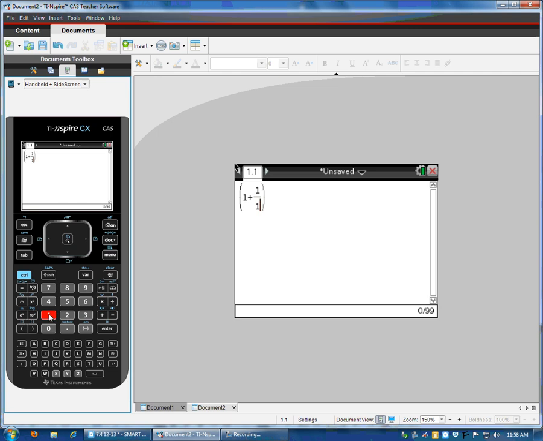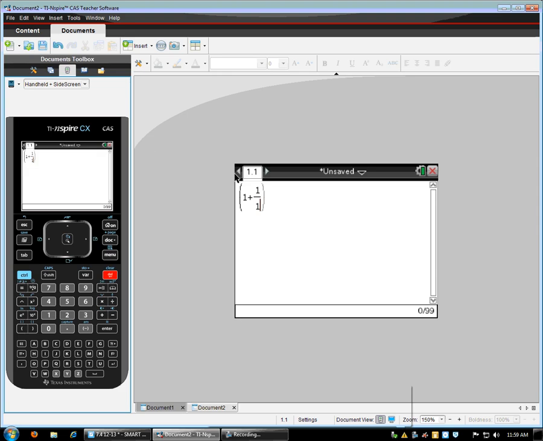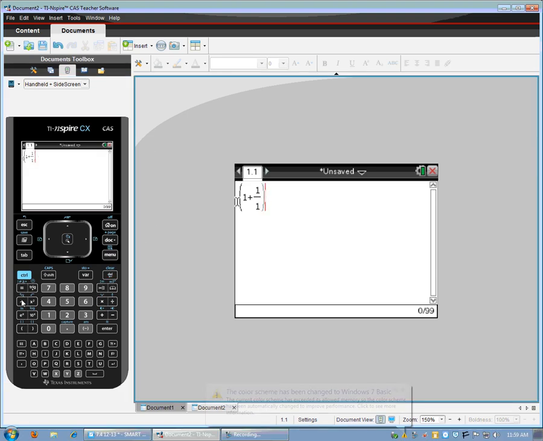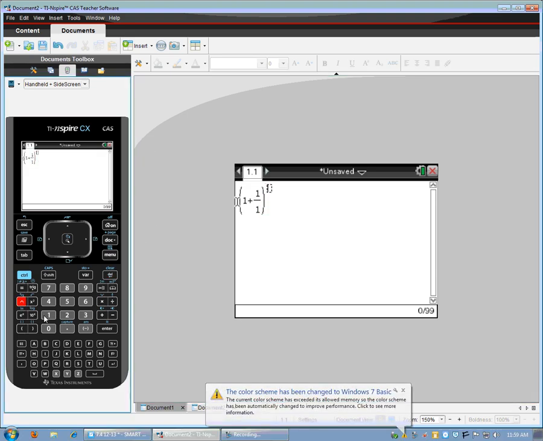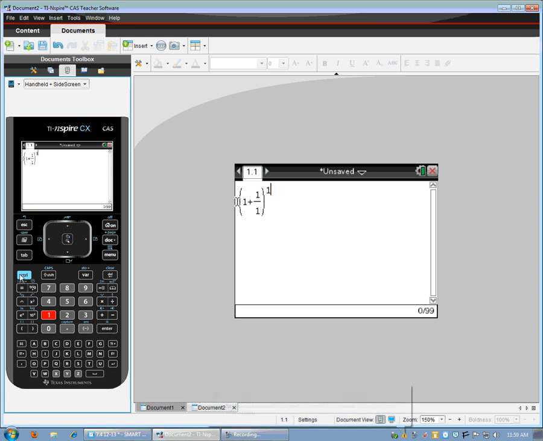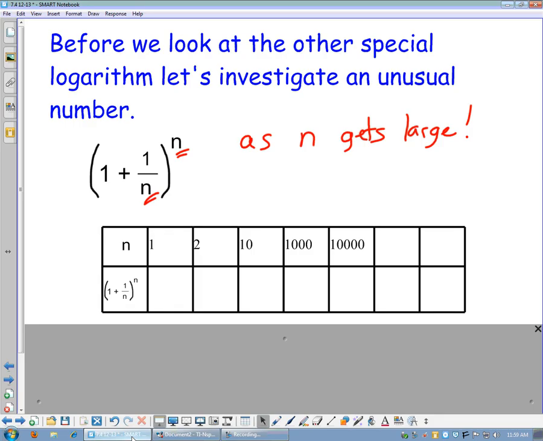I'm trying 1 first, and then I want to close my parentheses, and then I want to raise that to the first power. So I'm using 1 as my n value, and I am getting 2 as my answer. So right here, I am going to fill in 2.